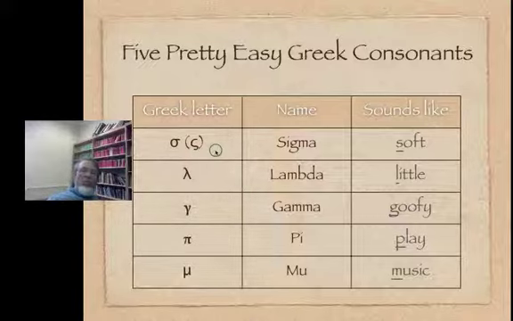You may wonder why there are two different forms of the letter, and the answer is that for this particular letter, sigma, if the sound occurs as the final sound of a word, the tradition is to write it in this form, the one that looks like our printed S. Anywhere else in the word, the convention is to write it this way.